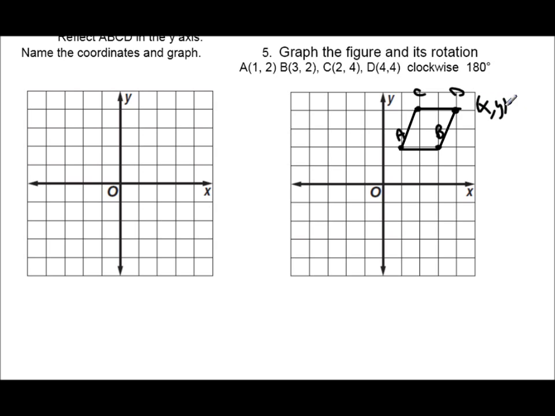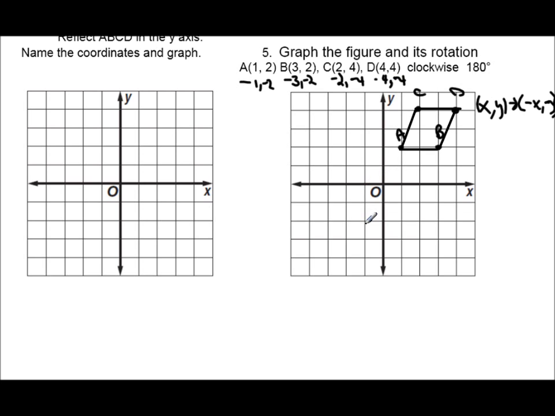(x, y) will become (negative x, negative y), which is a rule that you have to remember. So we flip all of our points, or we just negate all of our points. This will become (negative 1, negative 2), (negative 3, negative 2), (negative 2, negative 4), and (negative 4, negative 4).